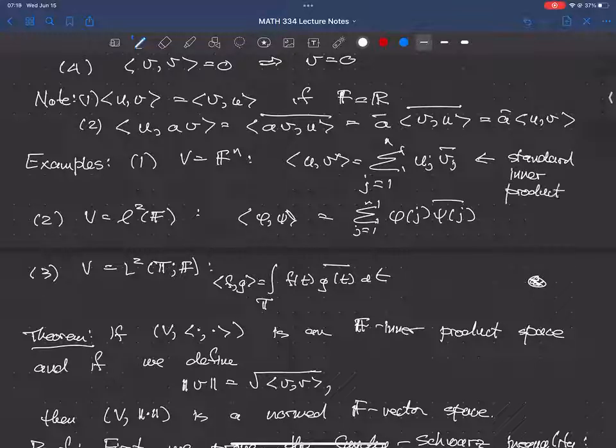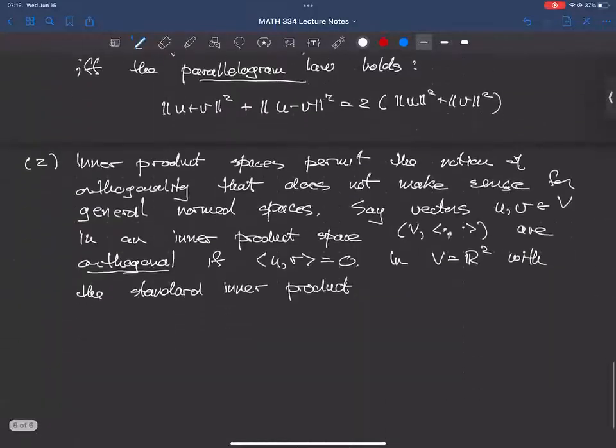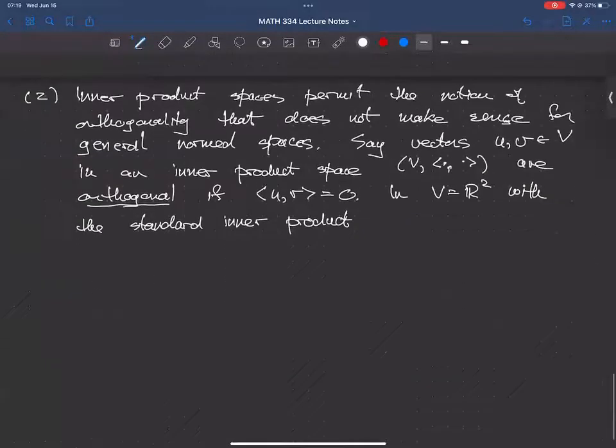in Fn. So let's think about just R2. Okay. One can verify that if u and v are non-zero, okay, so obviously if one of them is 0, then they're always orthogonal. So this is really only interesting when they're both non-zero.